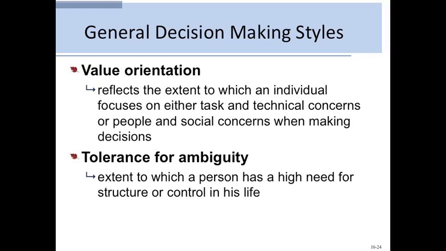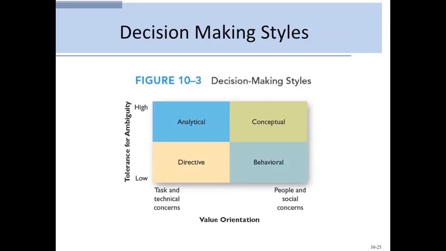And the second dimension is tolerance for ambiguity. It's the extent to which a person has a high need for structure or control. Somebody who has a high tolerance for ambiguity can deal with very complex, very ambiguous situations. Someone with a low tolerance needs that type of structure, needs the details in order to make proper decisions. So using these two dimensions, we can come up with four different decision-making styles.